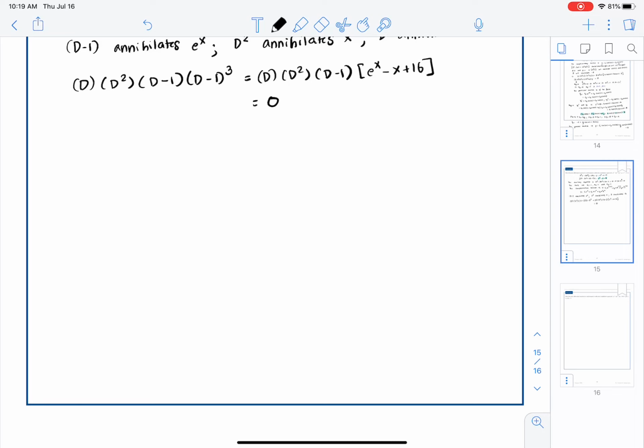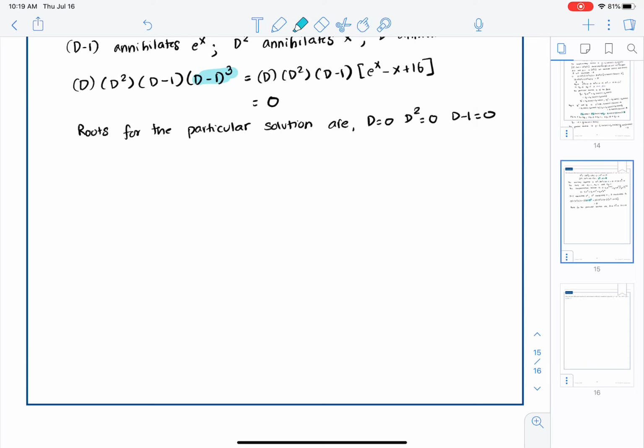We have accounted for that part already, so the roots for the particular solution are D equals 0, D squared equals 0, and D minus 1 equals 0.